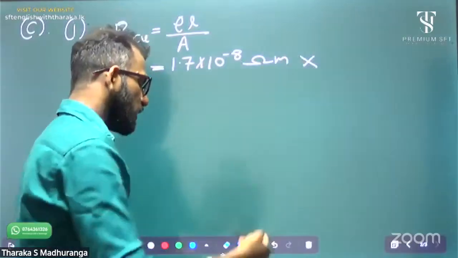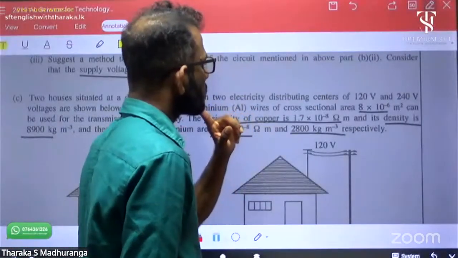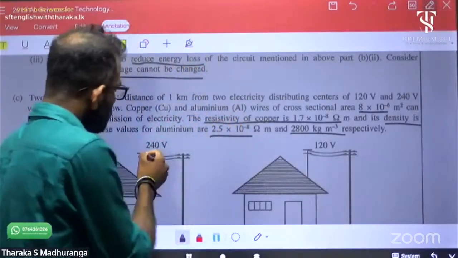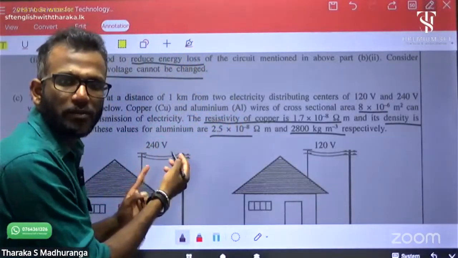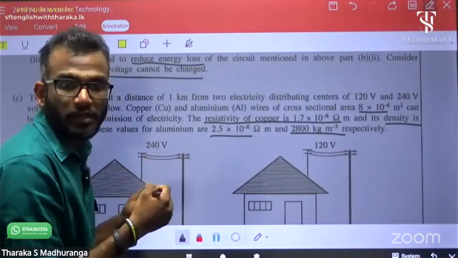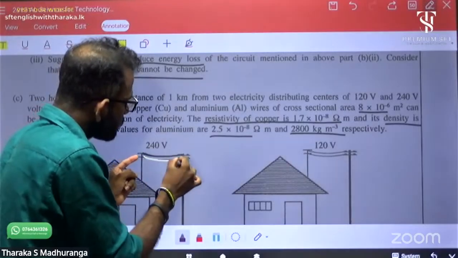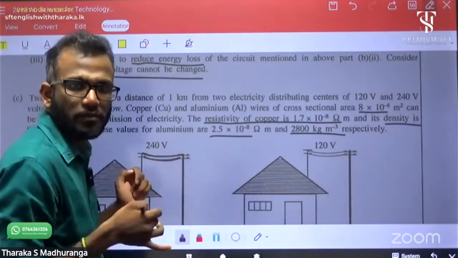Into, how about the length? It is 1 kilometer, and 1 kilometer means 1000 meters. Then how many wires? According to the diagram, it has 2 wires, no?